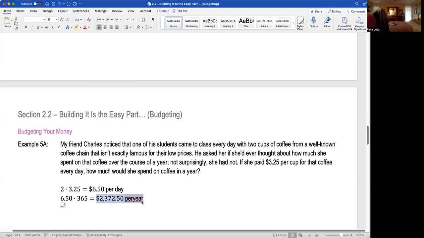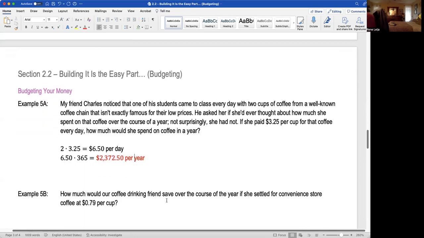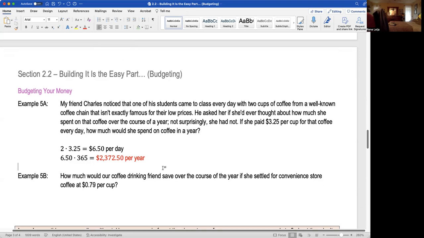And that's what they wanted to know. How much does she spend per year? Okay, that's kind of crazy. Well, I'm not going to say that's crazy because we all have vices that are important to us.